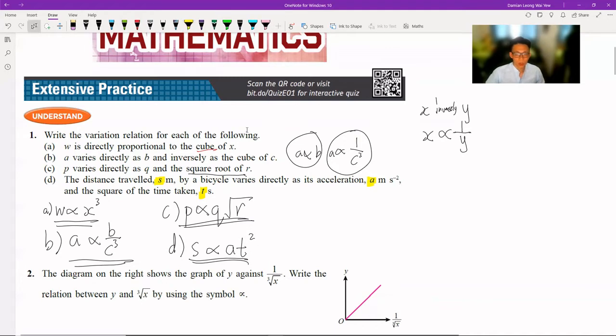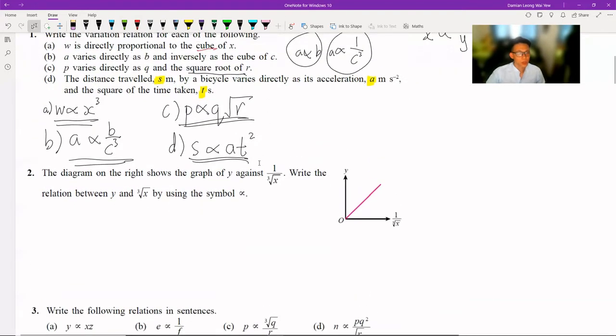So that's question 1. Question 2, the diagram on the right shows the graph of y against 1 over cube root of x. Write the relation between y and cube root of x by using this symbol. It's basically similar to this.